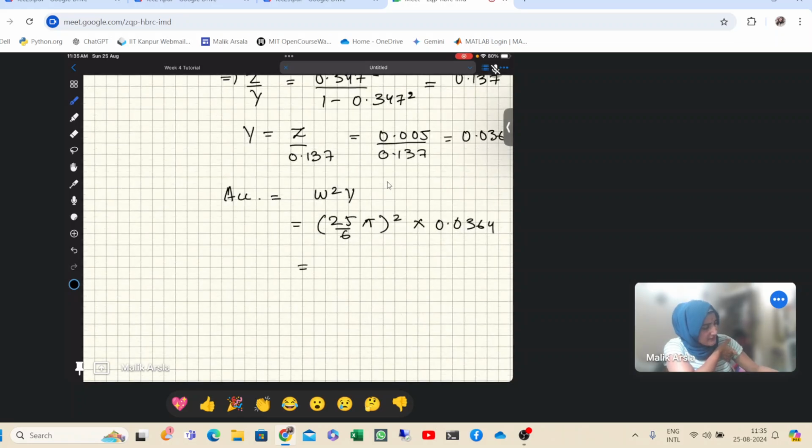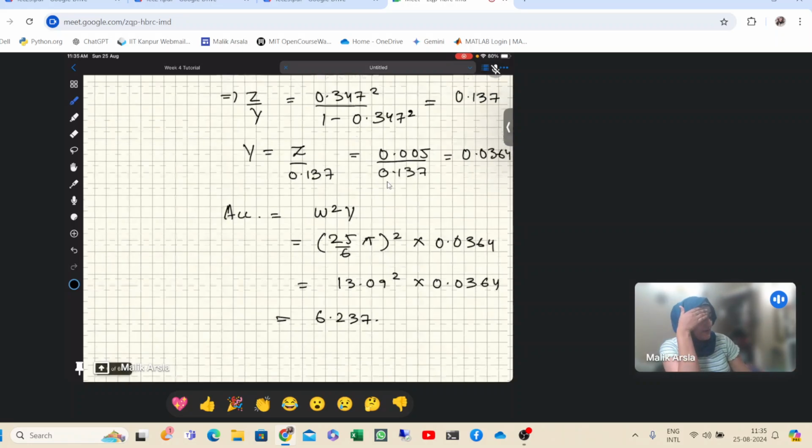Now this will be 13.09 squared into 0.0364. You can use your calculators to cross-check the answer. I have already calculated it on my sheet, and it is coming out to be 6.237. I hope when you solve it you are also getting the same answer.